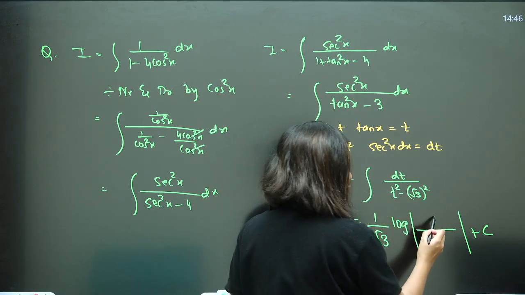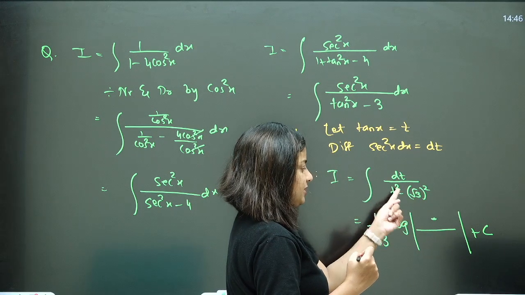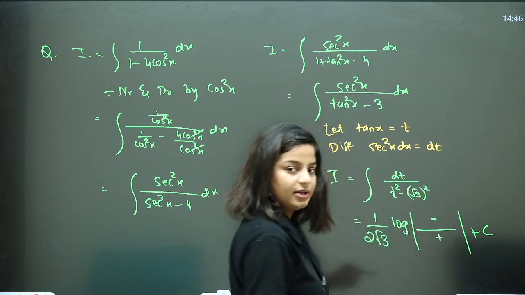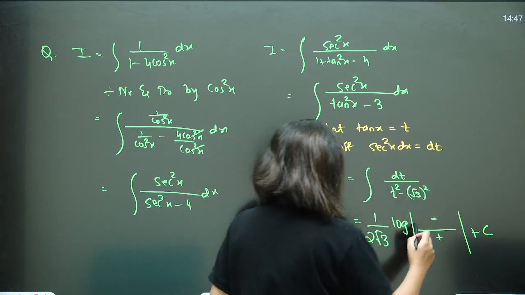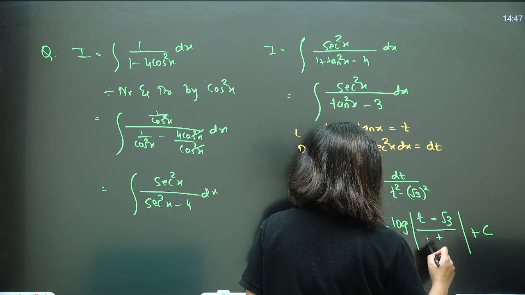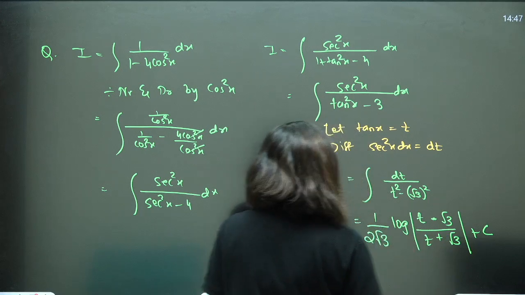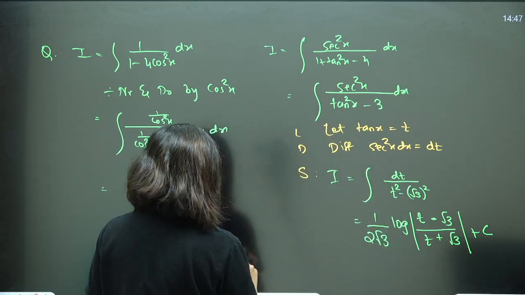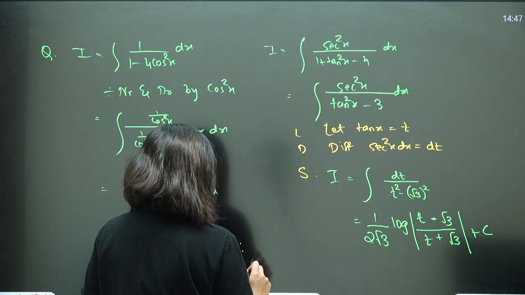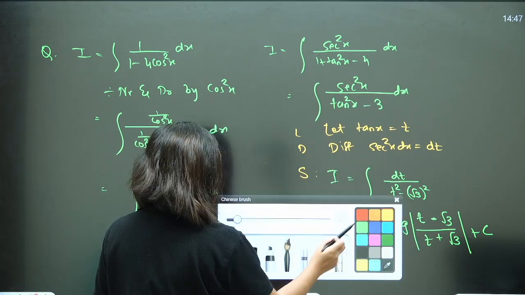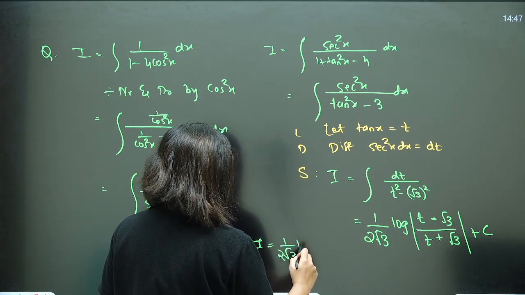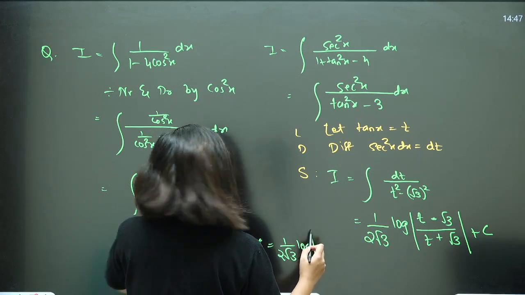Constant is negative, so negative up. If constant is positive, plus up. Constant is negative, negative up, positive down. Always opposite. So t minus root 3, t plus root 3. And my dear students, one step is left, which is R for resubstitute. You will resubstitute to get the 1 upon 2 root 3. What is t? tan x.